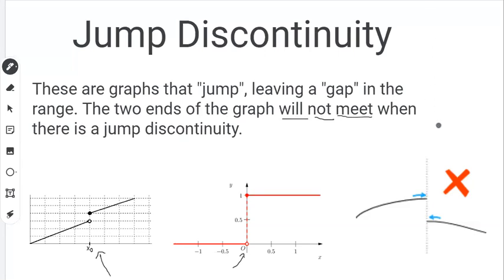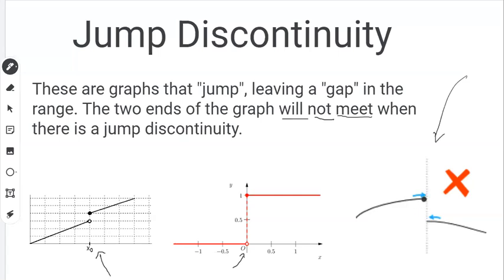So if you look over here at this picture to the right, you'll notice that this function has a gap in the range, right? It starts up here, and then at some point it jumps down to this point, and then it keeps on going in this direction again. There's a gap in the range. The graph has a jump discontinuity right here.